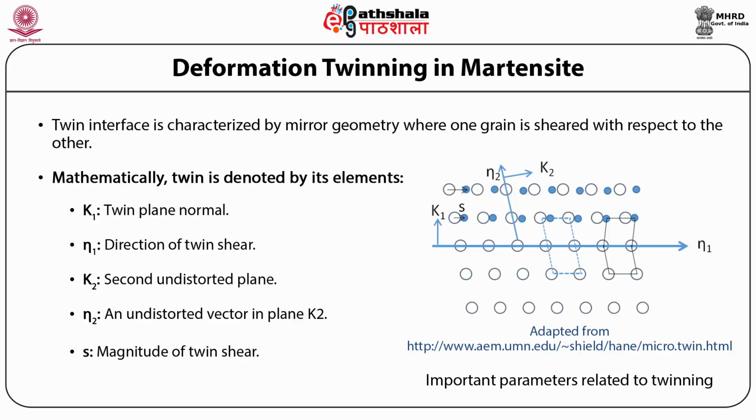However, the closed circles would be sheared with respect to the open circles. A twin is formed during transformation only when the two variants of the Martensite phase coexist. The twinning operation must allow the original lattice to be restored.